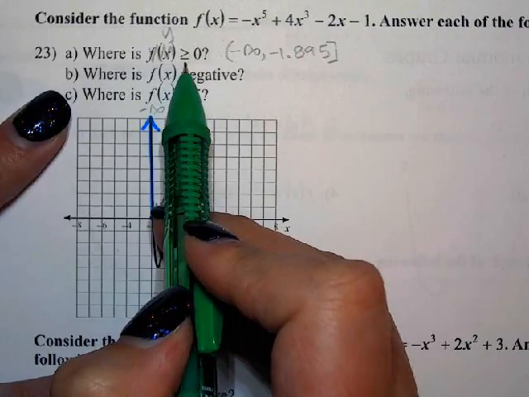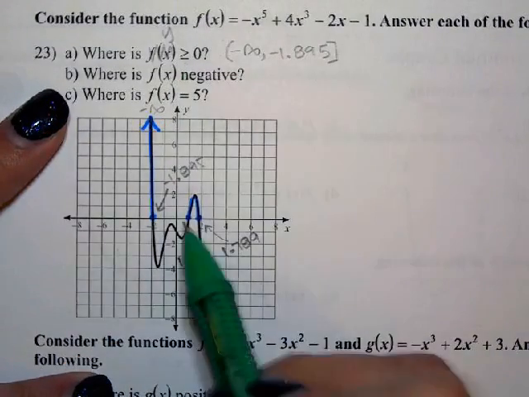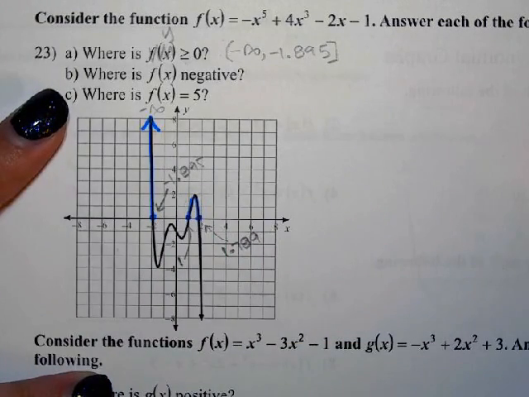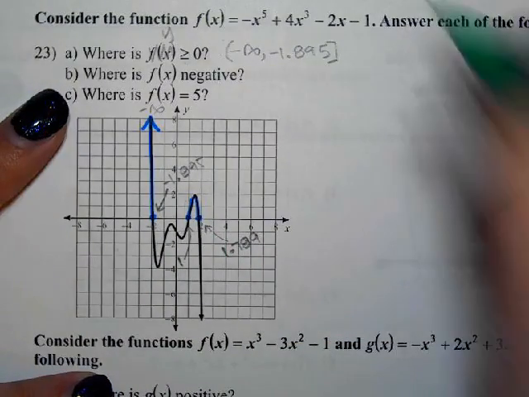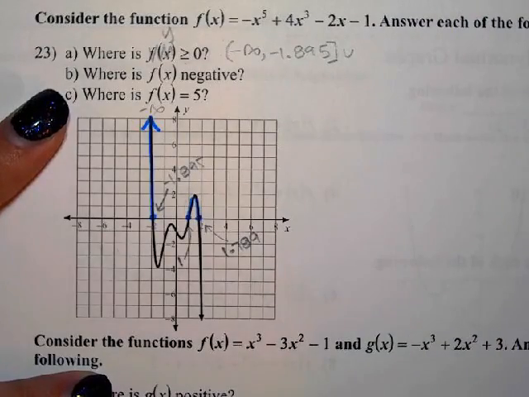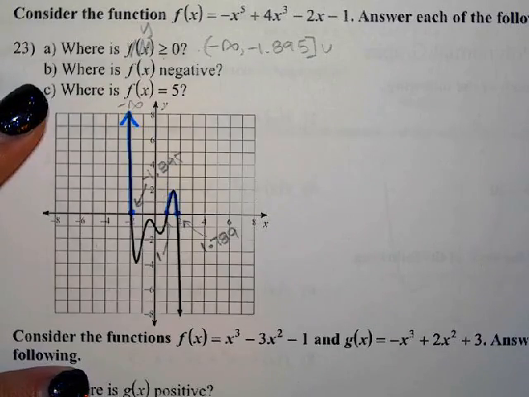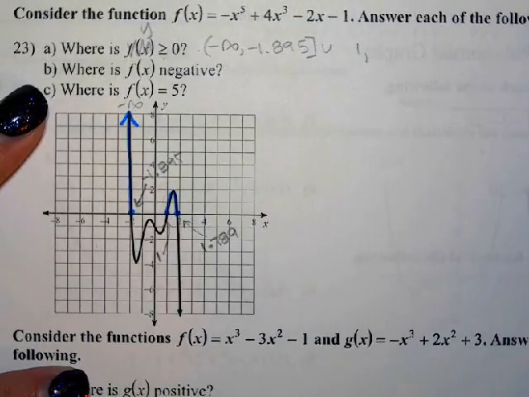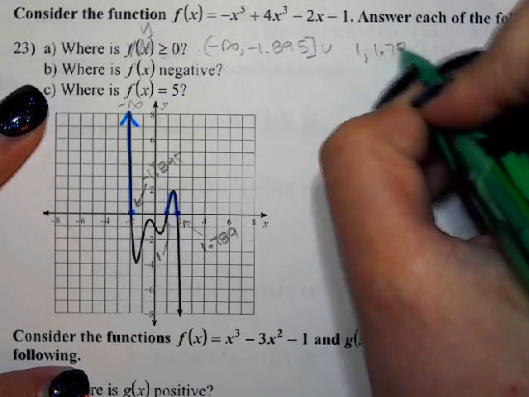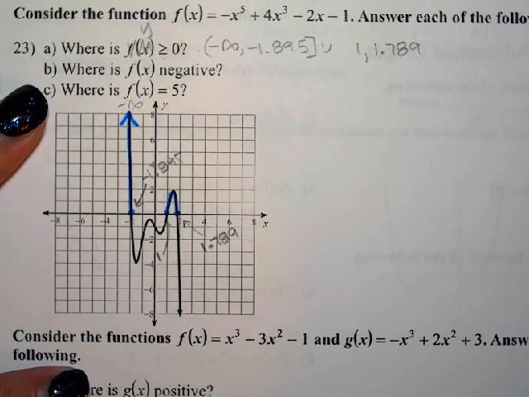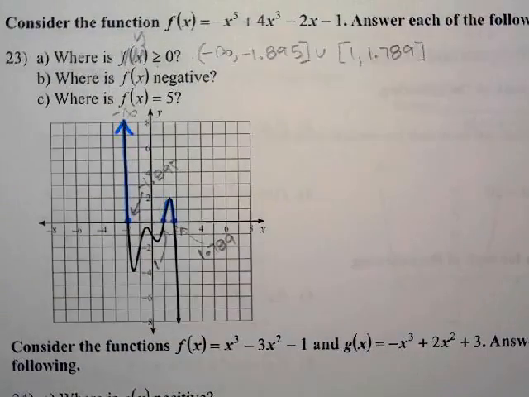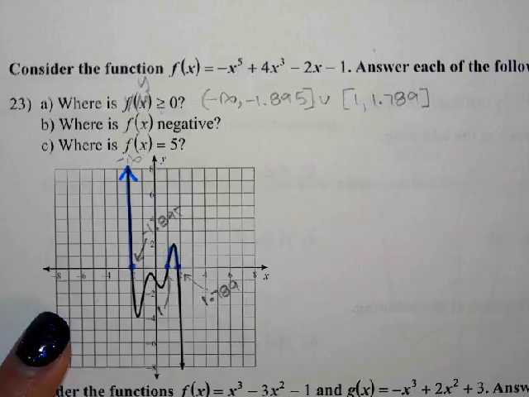We're including it. Okay. How do we do this other little, like, right here? We got a U because we got another answer, and this is interval notation. And then what do we put? 1. Brackets or parentheses? Brackets.